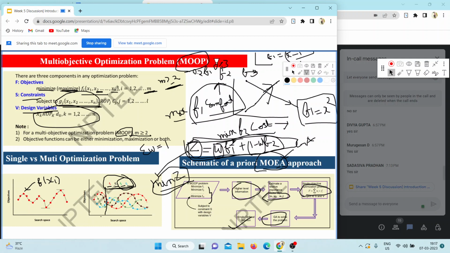So 0.2 and 0.3 are already used, so 1 minus (0.2 plus 0.3) will be equal to 0.5 for this. So 0.2 f1 plus 0.3 f2 plus 0.5 f3. So your weights sigma W should be equal to 1.